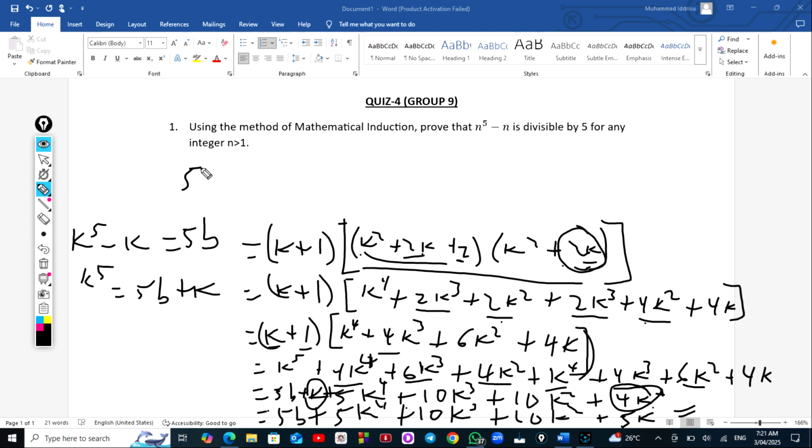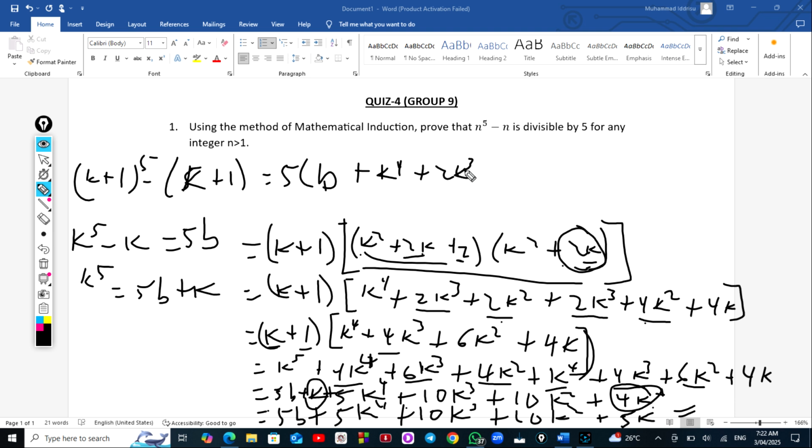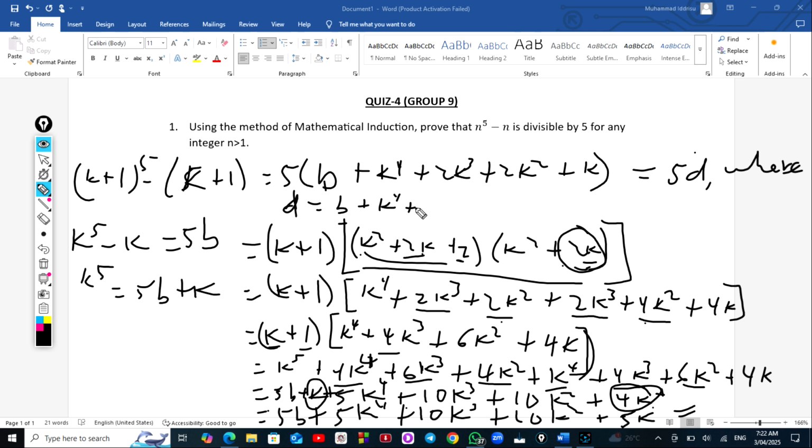So here we now have our k plus 1 all to the power 5 minus k plus 1, giving us 5 out, b plus k to the power 4 plus 2k to the power 3 plus 2k to the power 2 plus k, and this is equal to some 5 multiplying d, where d is equal to, sorry, b plus k to the power 4 plus 2k to the power 3 plus 2k squared plus k, is in what?